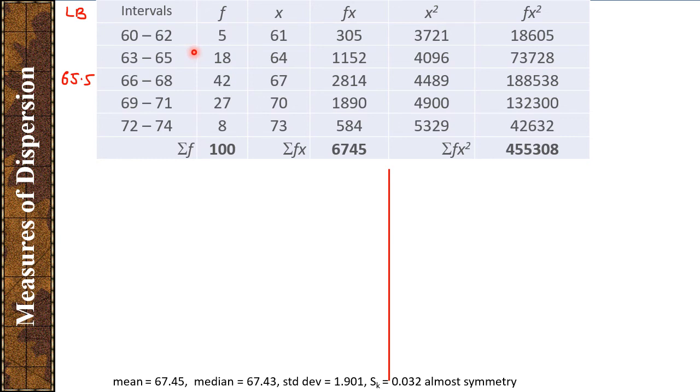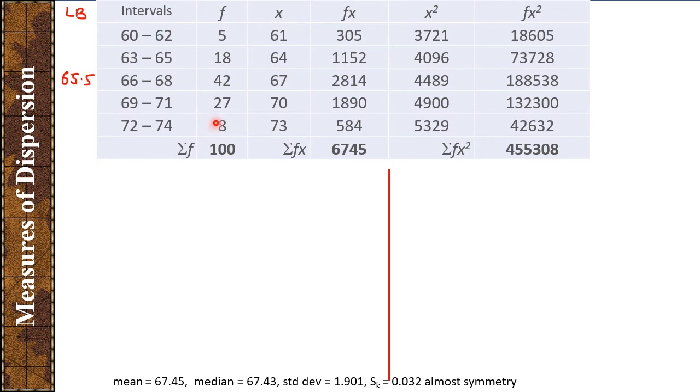You know why? Because for the median, you have to put another column for cumulative frequency. For the mode, you don't need that, because you can easily determine the modal class and then just subtract the frequencies before and after the modal class.